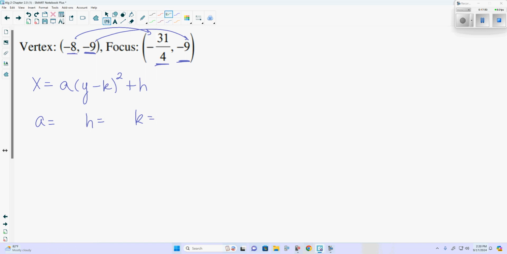Now the vertex is still the point h comma k. Our focus is h plus p comma k. h is negative 8, k is negative 9. Don't know a yet. We'll find it in a minute.